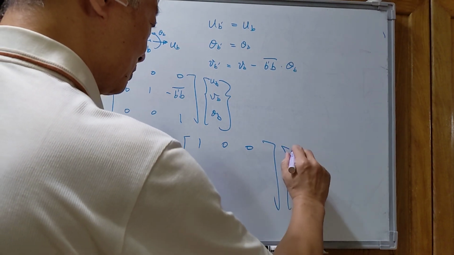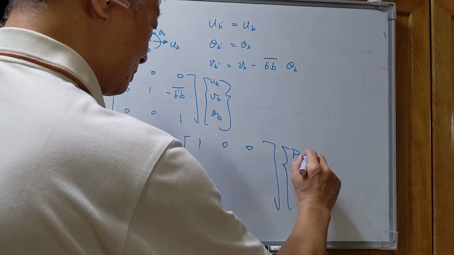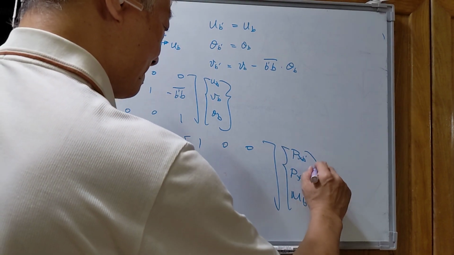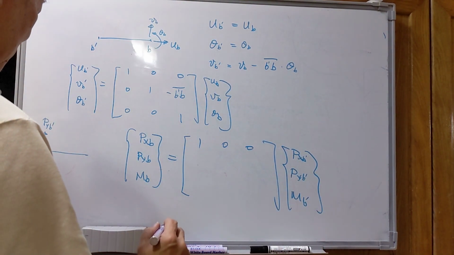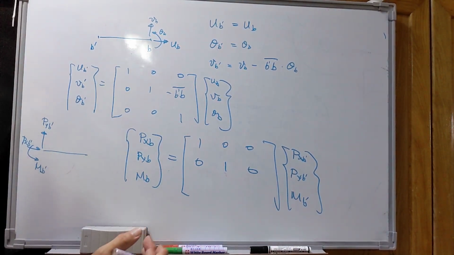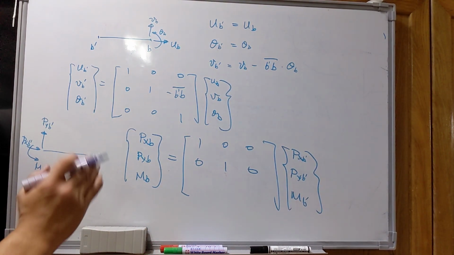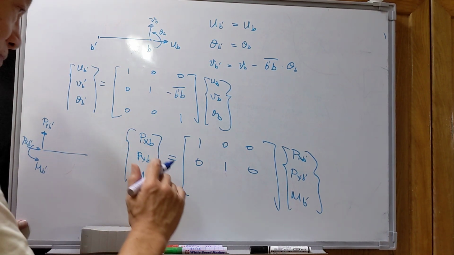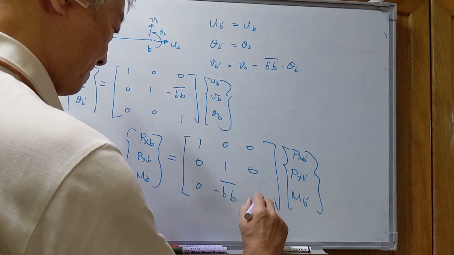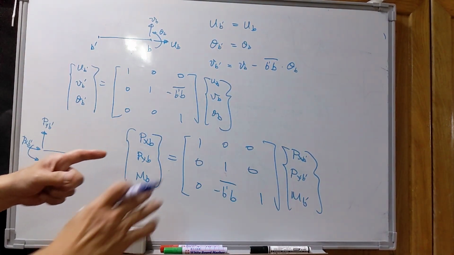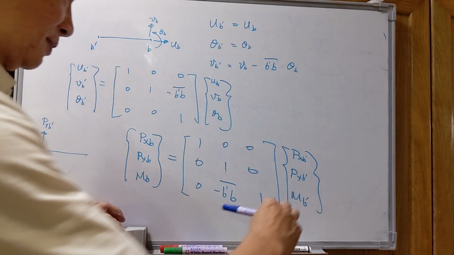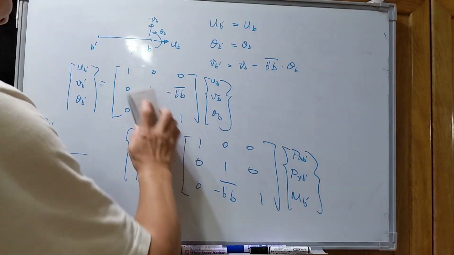If we know the PXB prime, PYB prime, and MB prime, the PYB will be 0, 1, 0. Okay, and again, the force transformation is the transpose of this one. Okay, then what will be the next?